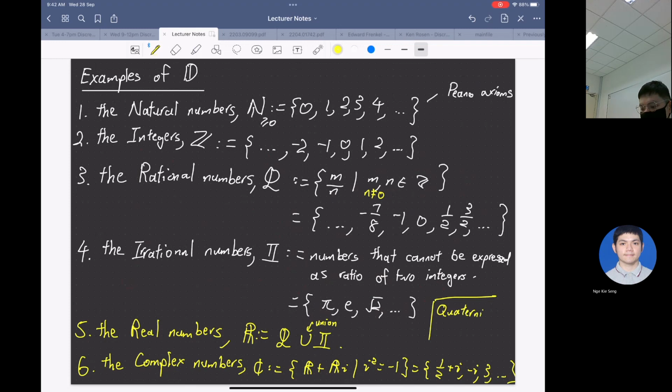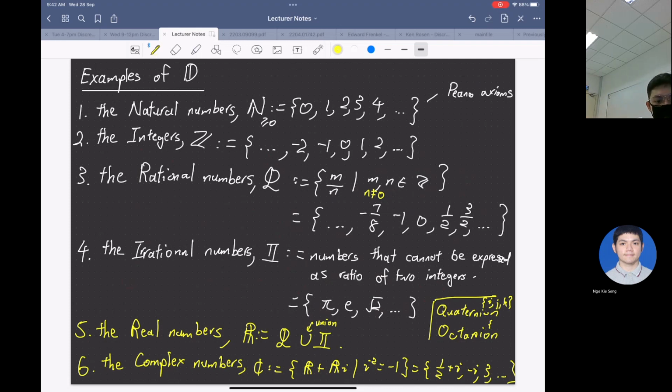I think there's another one, quaternion. I don't know how to spell it, you can find out. This one is like i, j, k. Not important, just for your information.